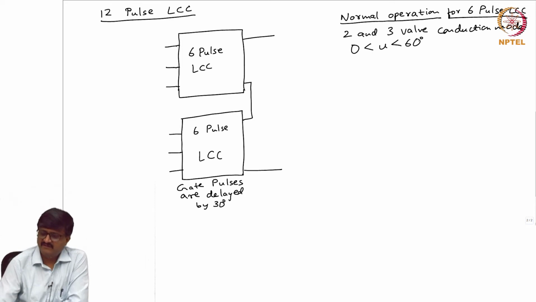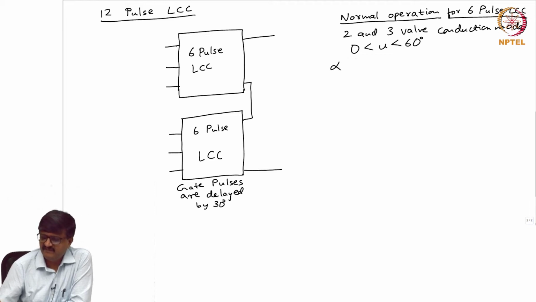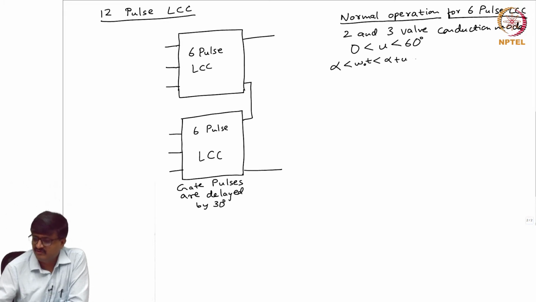Let us take the first subinterval of any 6 pulse LCC, from alpha to alpha plus u. Here, how many valves conduct? 3 valves conduct.